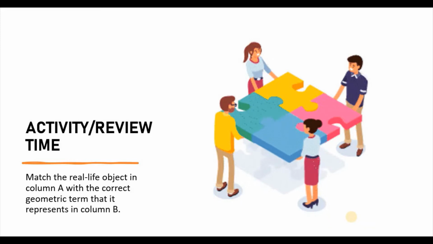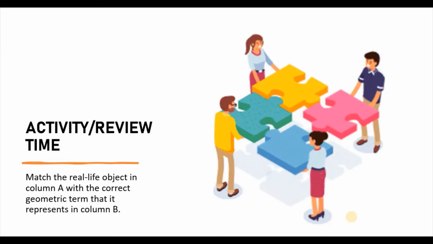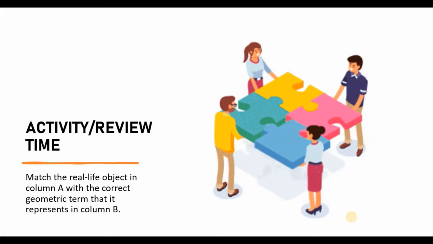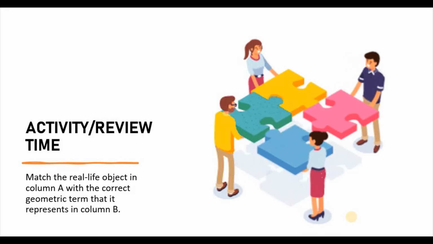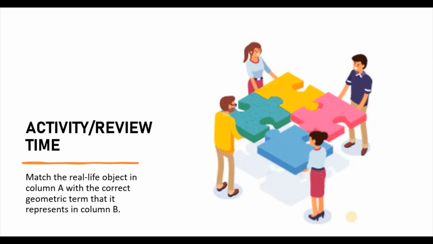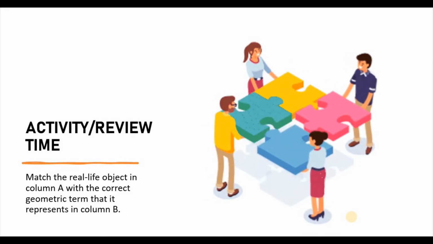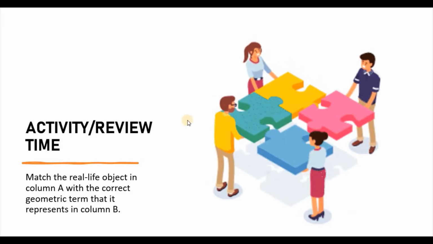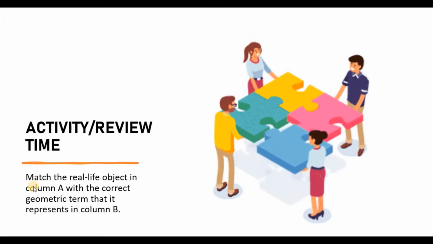So before we go deeper into our discussion for this week, let's first have an activity which will also serve as a review of our lesson last week. So here is the direction.